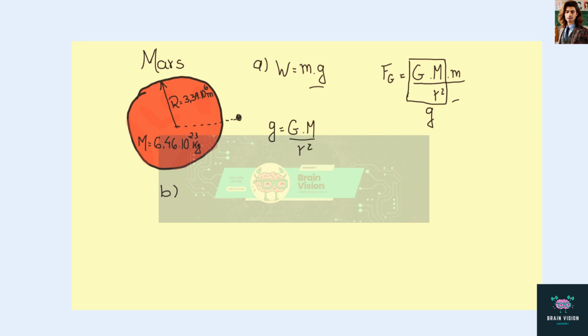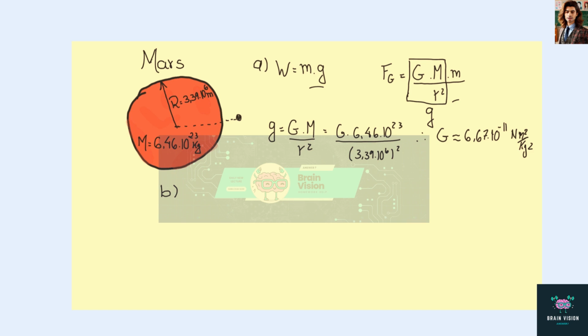Then, by plugging in the known values, we get g equals big G times 6.46 times 10 to the 23 divided by 3.39 times 10 to the 6th, squared. Now, what is the value of big G? This is the value of Newton's constant, and this is approximately 6.67 times 10 to the minus 11 newton meters squared divided by kilograms squared.